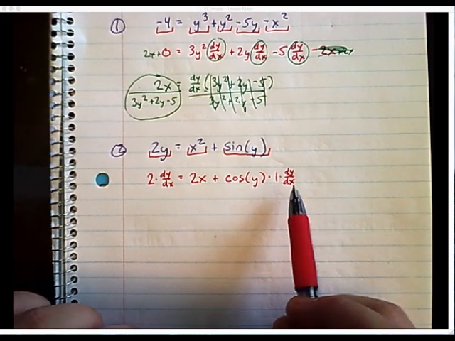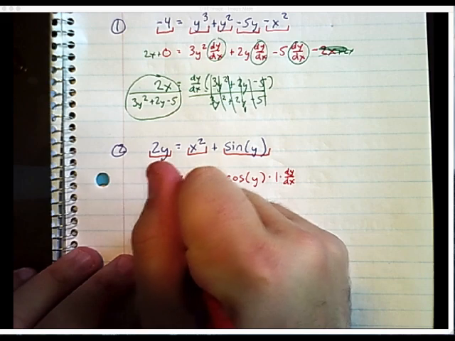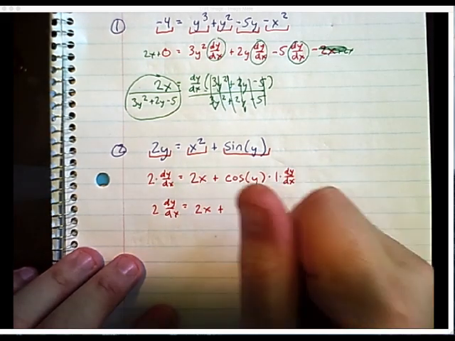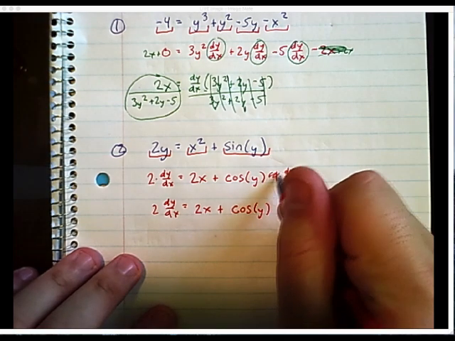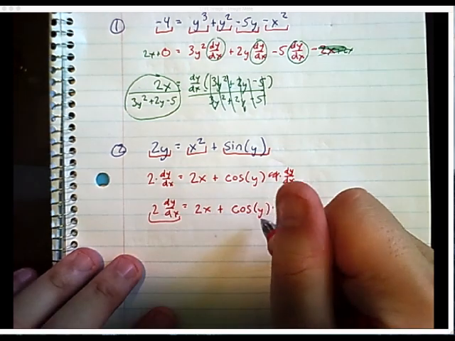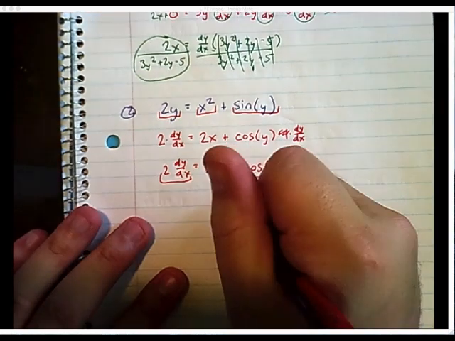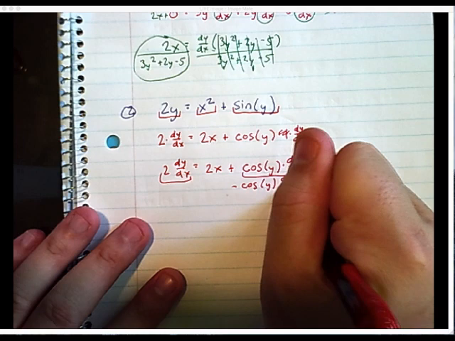Let's rewrite it real quick. 2 dy over dx equals 2x plus the cosine of y times 1 doesn't matter, times dy over dx. These two terms have dy dx's on them, so we want to get those on the same side. So I'm going to subtract the cosine of y dy over dx from both sides.